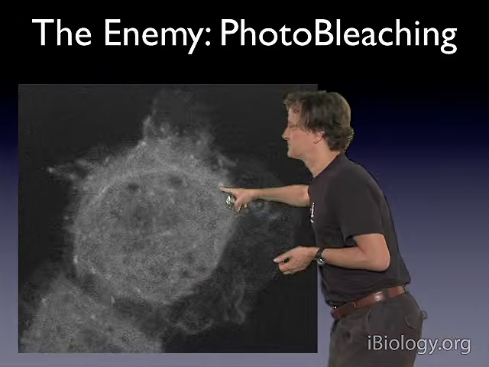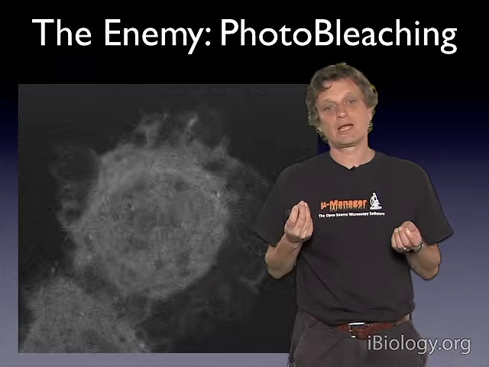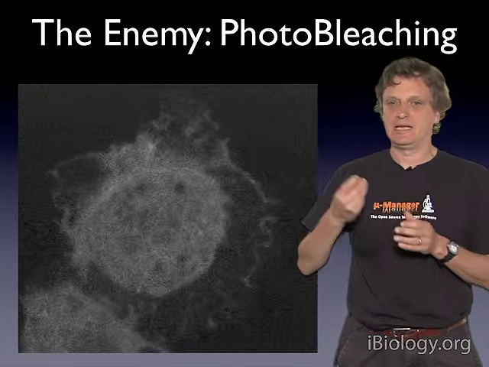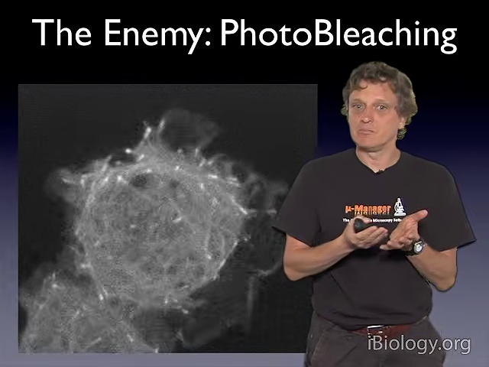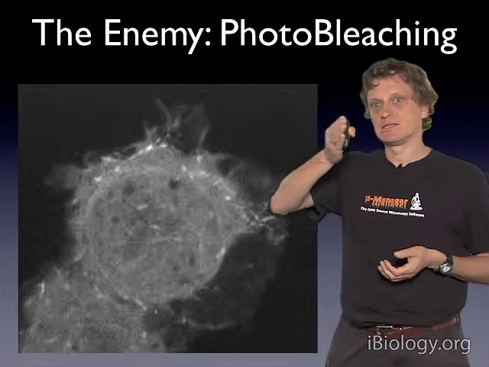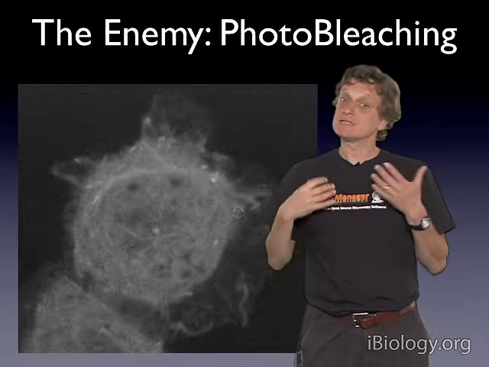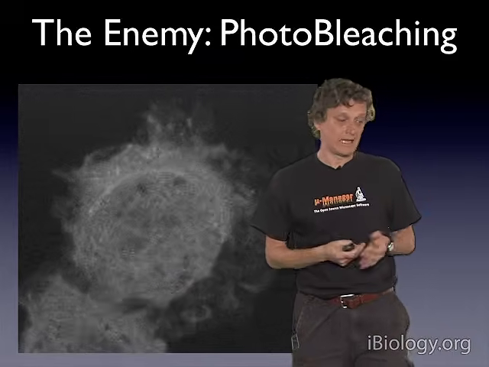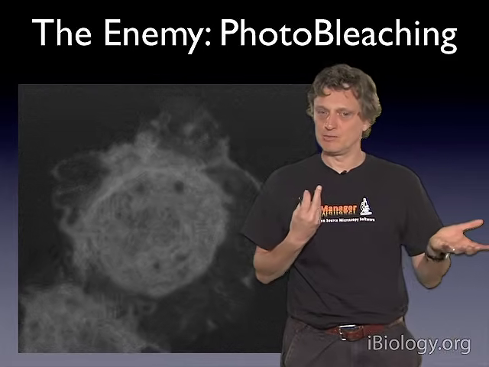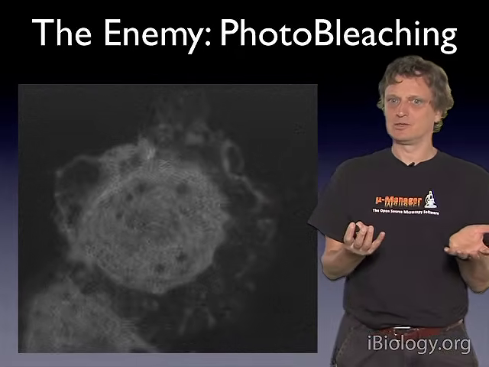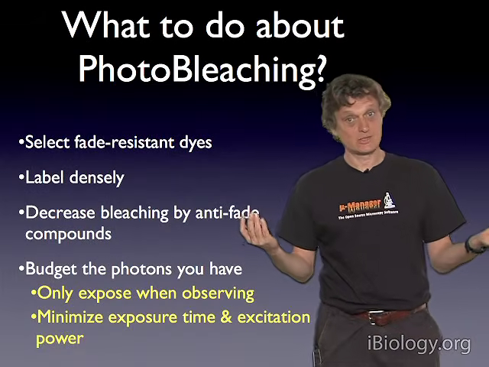So for instance, in this movie that I'm showing you here, where I coupled GFP to the microtubule tip tracking protein EB1, we saw that at the beginning we had bright fluorescence, and then over time it completely disappears. Now this is regretfully a common aspect of most dyes, and it is something that we usually really don't like and that we want to avoid. So what can you do about it?